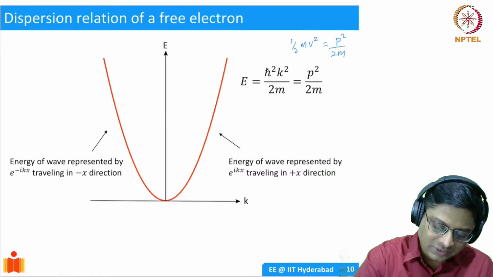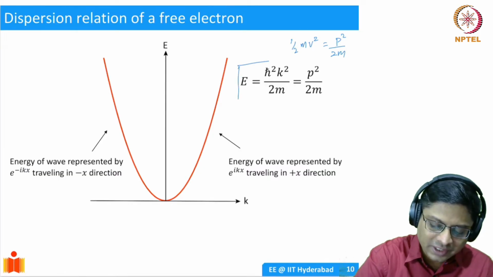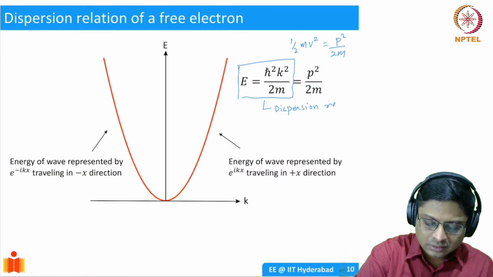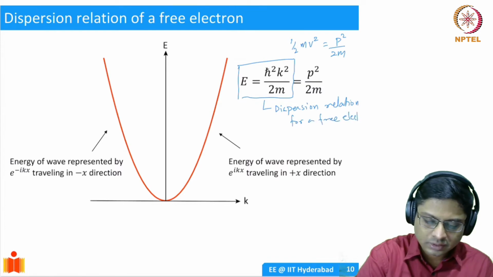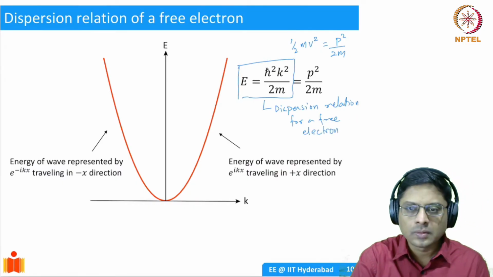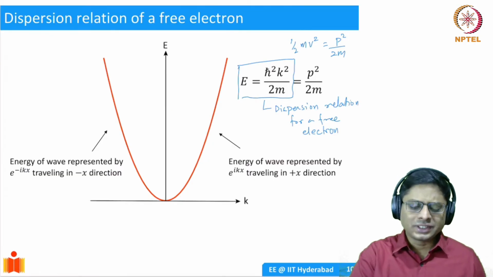So this is known as the dispersion relation for a free electron. All right. This is important.